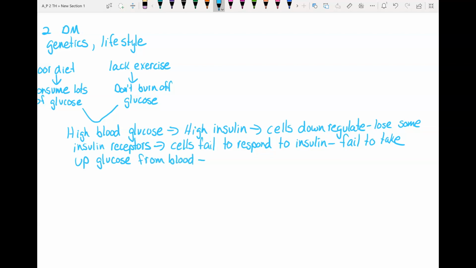Well, this means that the blood glucose level climbs even higher. Now the glucose builds up in the blood. So this means you have even higher blood glucose level.